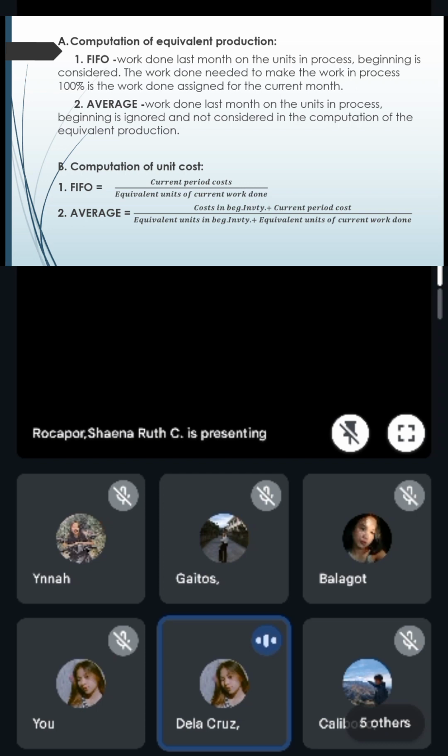Equivalent units in beginning inventory denotes the partially completed units present at the beginning of the current period, for which the incurred costs are used to determine the equivalent number of fully completed units.